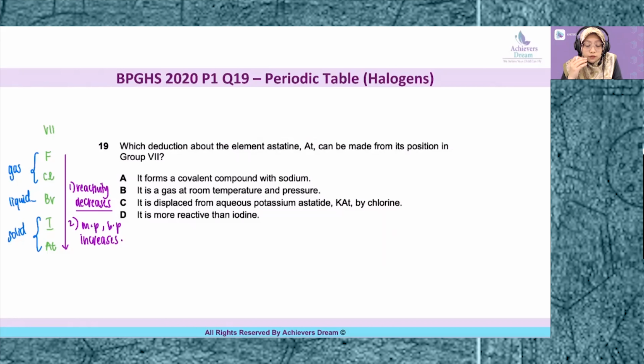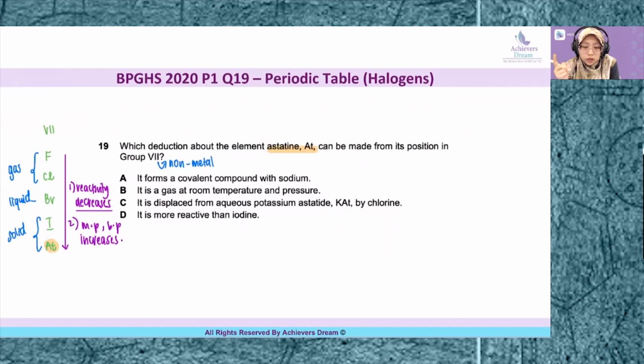With this background information, let's attempt the question. Which deduction about the element astatine, At, can be made from its position in group 7? It's a group 7 element, meaning it is a non-metal. Option A: it forms a covalent compound with sodium.